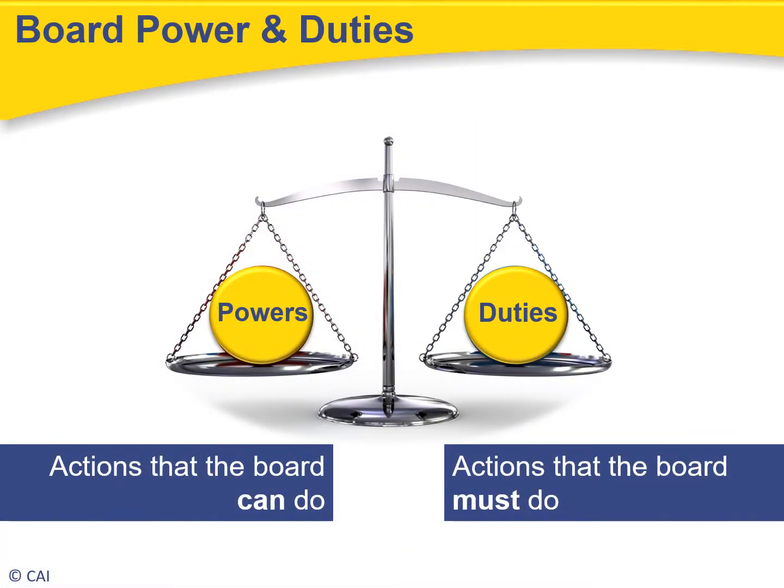The people serving on the board determine the board's success. If a board has members who don't really want to work, who are contentious, or who have their own agenda, they are unlikely to fulfill their powers and duties adequately.